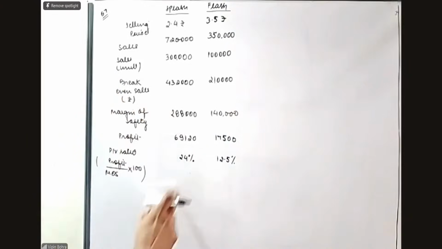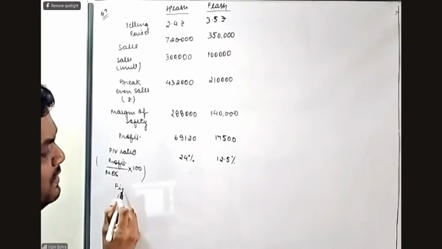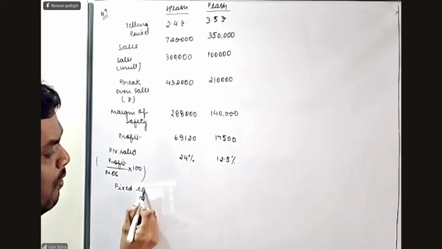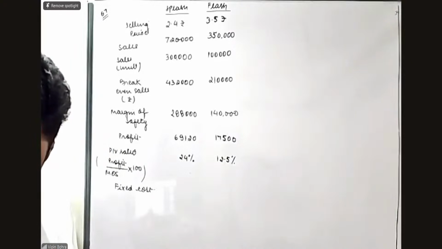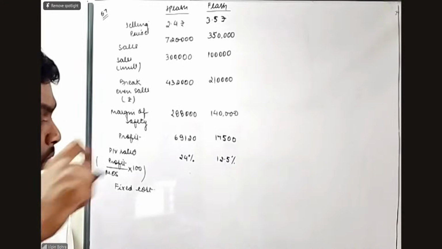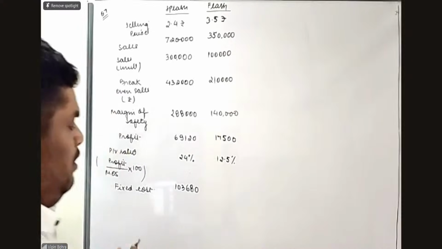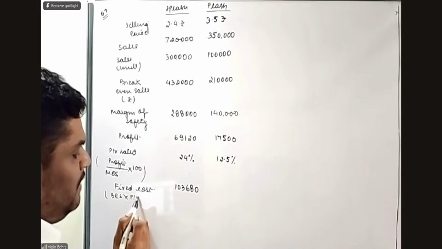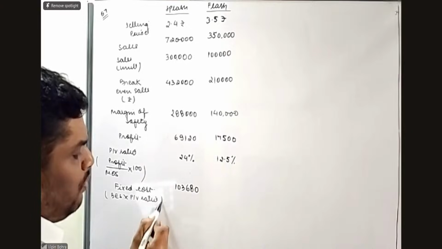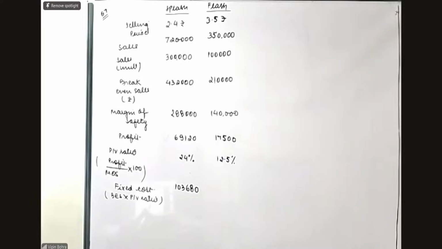So we have the break-even sales and we have the PV ratio. So we can easily calculate the fixed cost. Break-even sales into PV ratio will be my new fixed cost, that is 1,03,680.